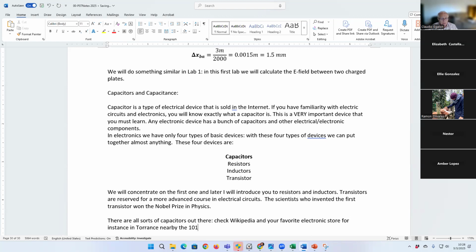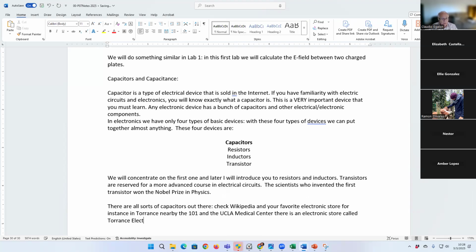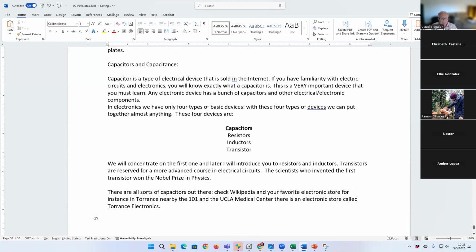There's a medical center there, the UCLA Medical Center, Harbor. There is an electronics store called Torrance Electronics. Let's see if they're still around. It has been a long time since I've been there.